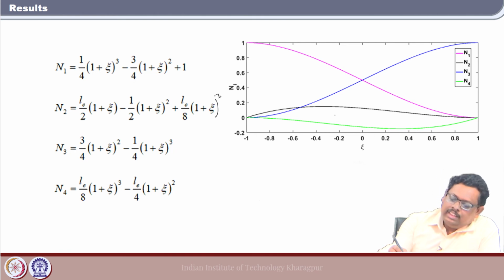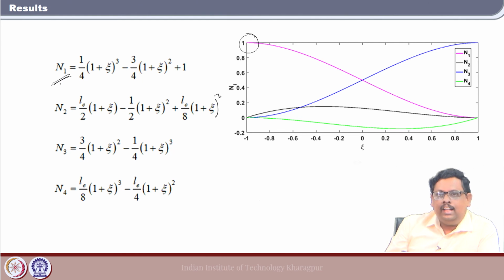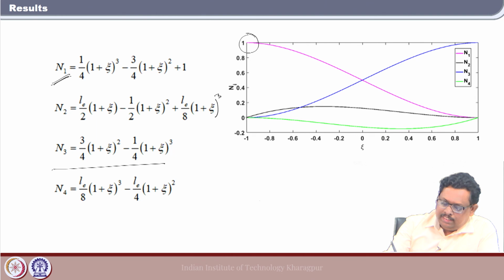Now, something is very important over here. If you look at node 1, you can see that only the shape function 1 is 1 and the remaining values are 0. Therefore, in element 1 the deflection has the maximum impact. Similarly, n 3 is 0 when xi equals 0, and it is 1 when xi equals L e.